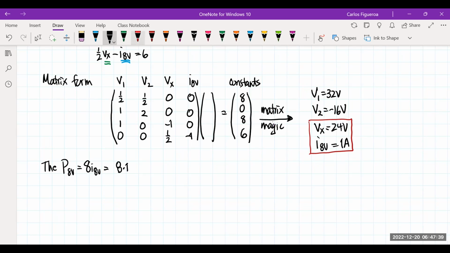This is a positive value, which tells me that it has to be positive 8 watts, which is this. That means this source is a passive voltage source.